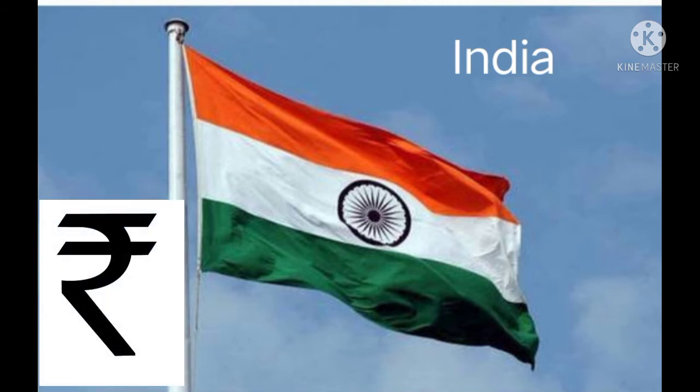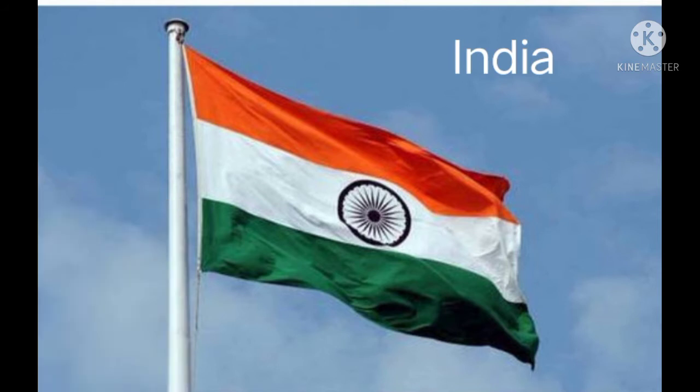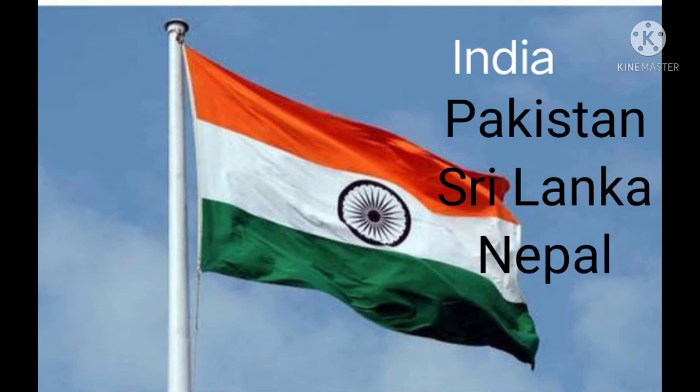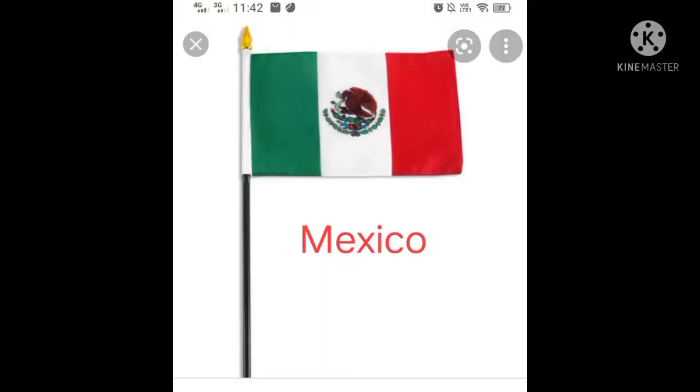It is rupee, and the symbol of the currency is shown to you. So other than India students, Pakistan, Sri Lanka, Nepal, these countries also use the currency rupee, or we can say these countries have the currency rupee.